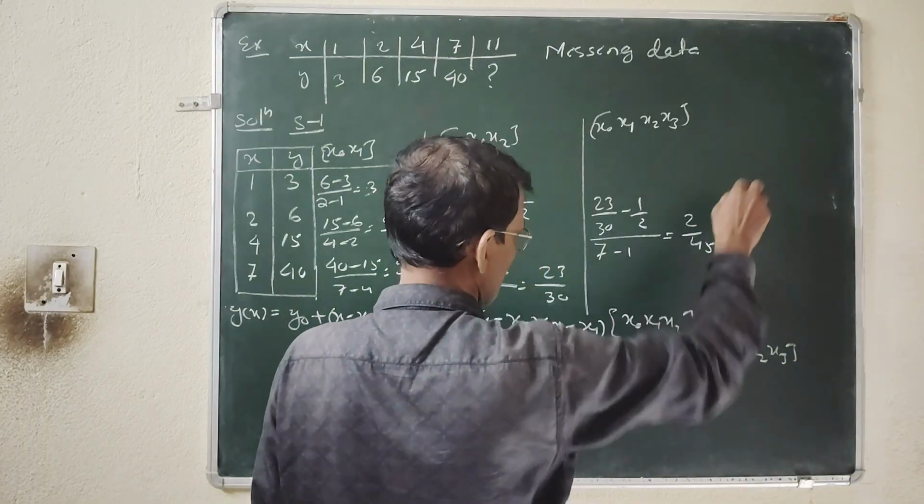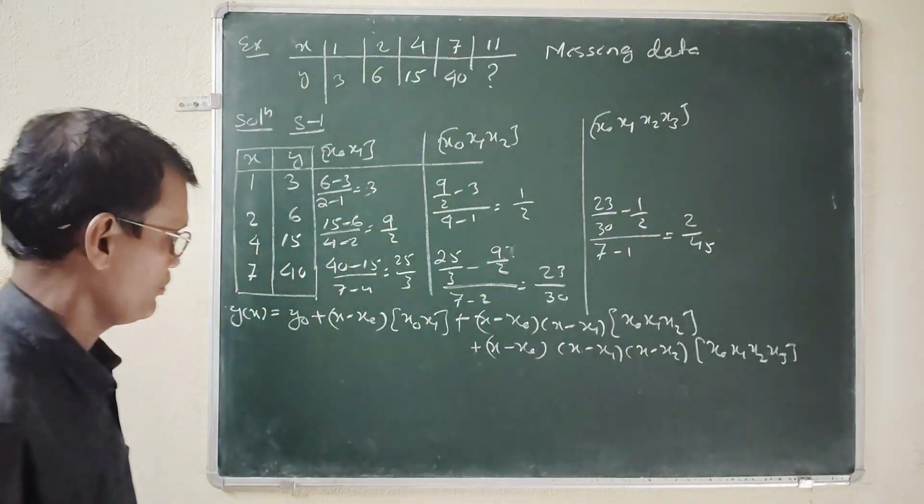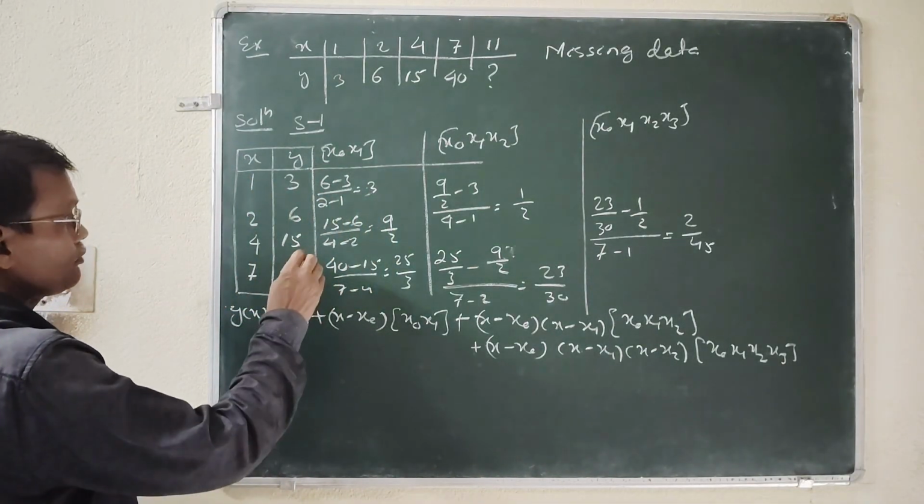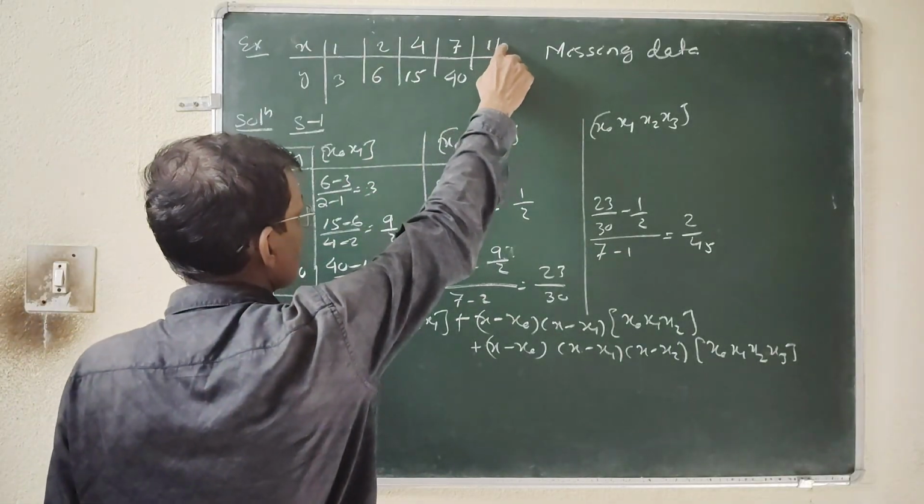As the table is completed at this point, we do not write more. Then you just put the values. We have to find the value of y at x equal to 11.